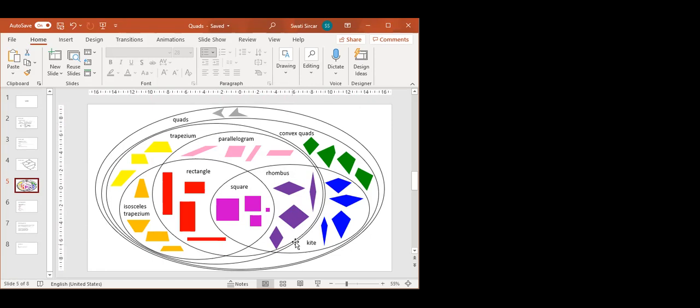Now within them, there is the set of trapeziums. Then there are kites. And there is the isosceles trapezium, which is a subset, parallelogram, which is a subset, and kite. And the remaining square, rectangle, rhombus are just intersections.